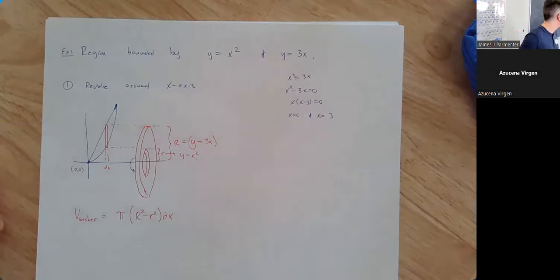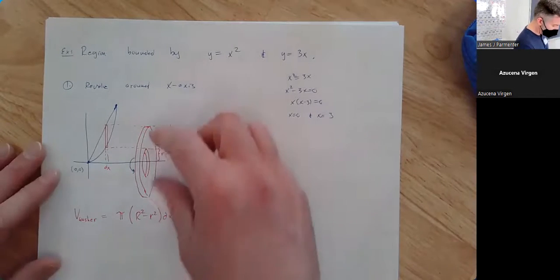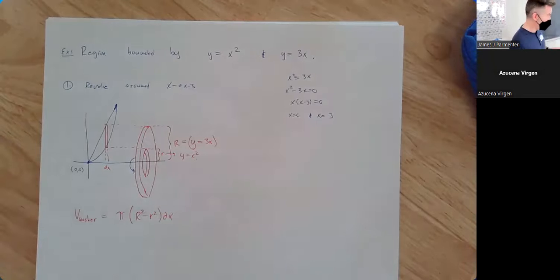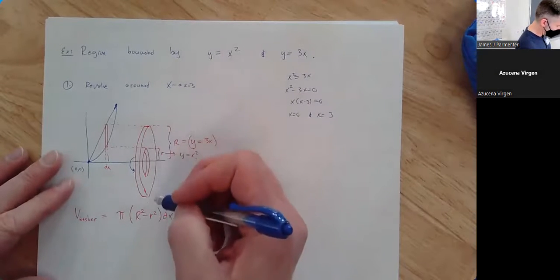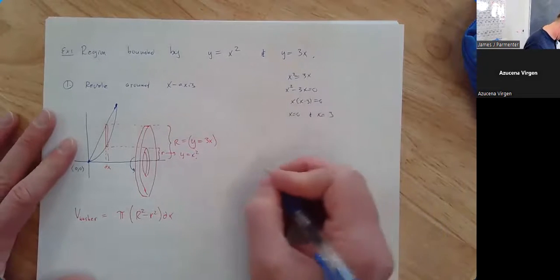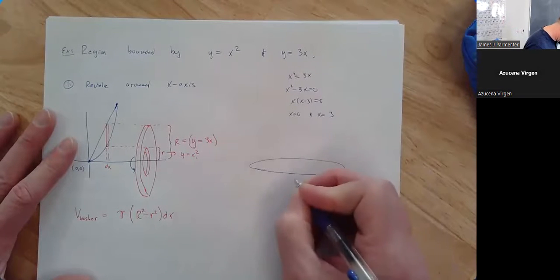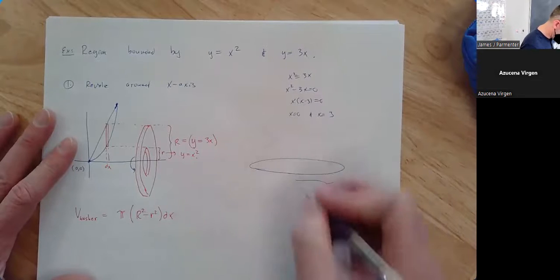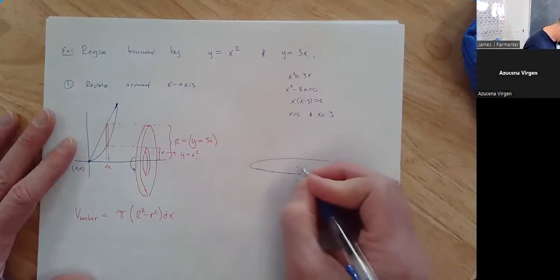Why couldn't we define a radius of the top minus the bottom and take that? Because if you did that, it's a totally different thing. If you're trying to find the area of this big circle minus this little circle, let's say you have a circle of radius 4, and inside we have a circle of radius 1.